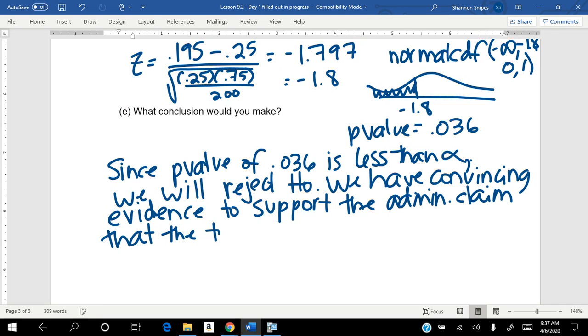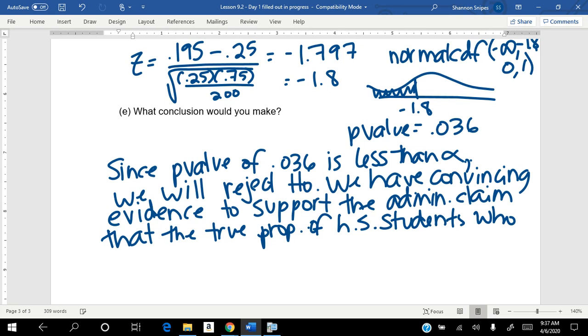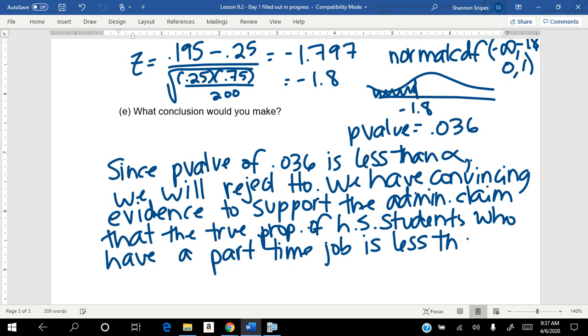That the true proportion of high school students who have a part-time job is less than the national proportion.